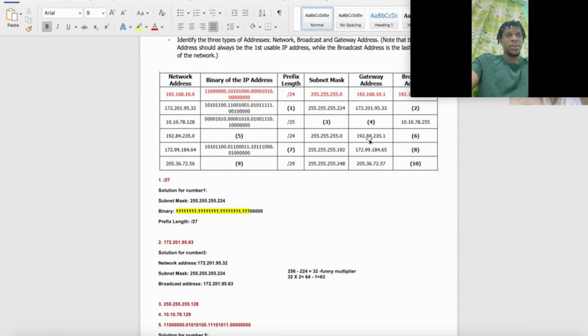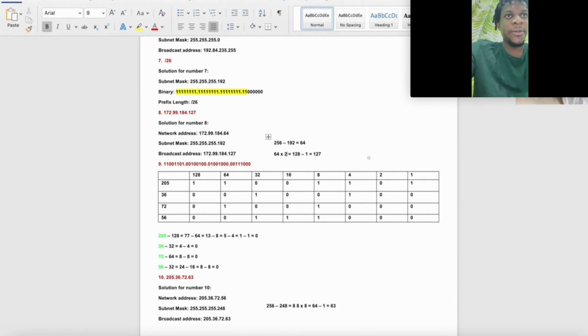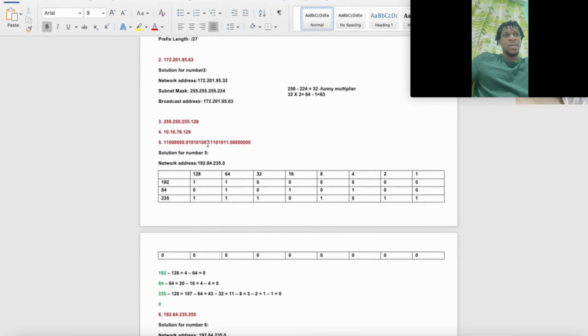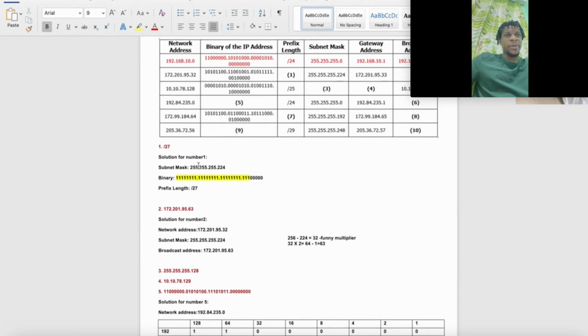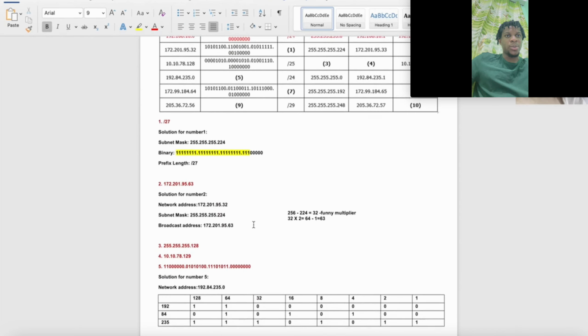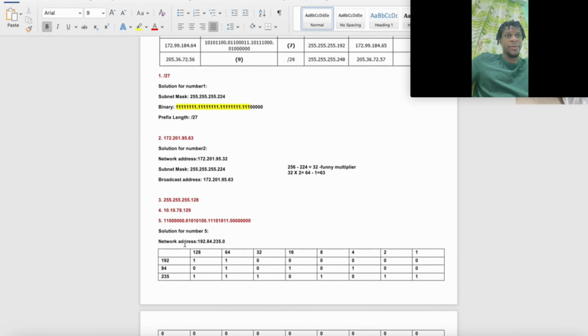So that's for that. Then number 5. Solution for number 5. Network address, binary of the IP address. The network address is 192.84.235.0.